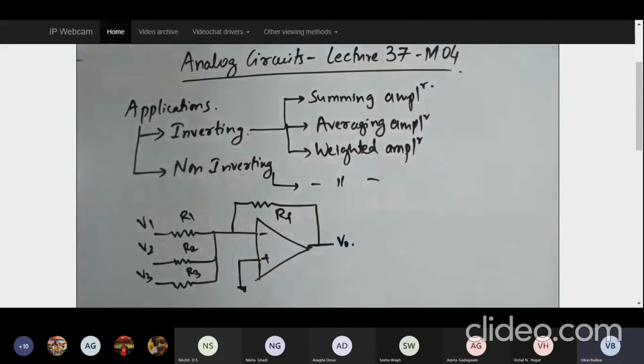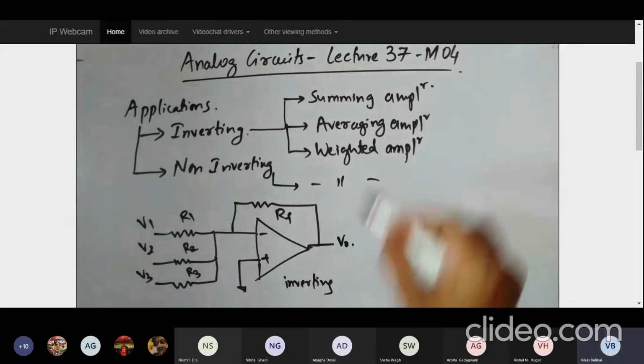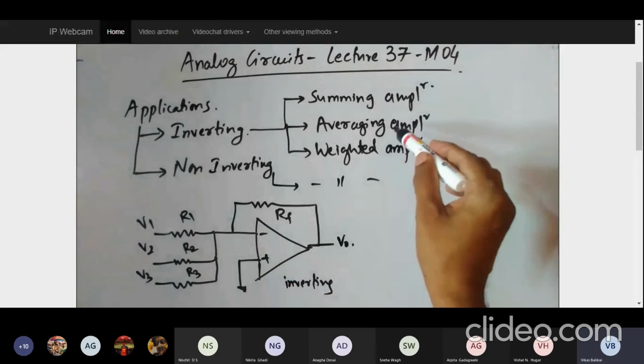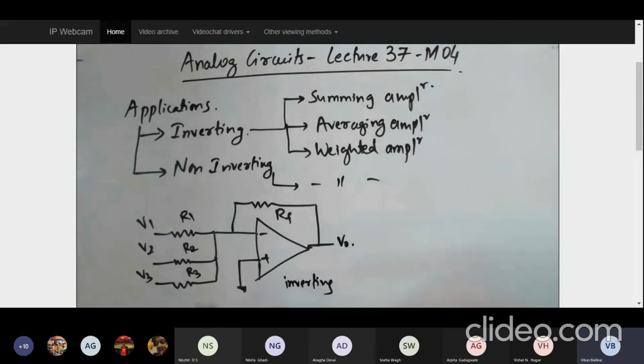So this was my basic inverting configuration, my inverting summing amplifier, and the same circuit will be modified into the averaging circuit and the weighted amplifier circuit, provided you modify the values of R1, R2, R3. That's what we learned in the previous lecture.